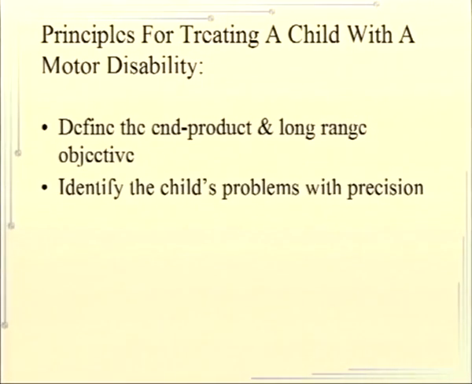Identify the patient's problems with precision, and we're going to talk about that in just a second. The eyes are pretty good at picking up abnormalities in gait and coordination, and you get better with practice. But there are some devices now that give us more quantitative measures and can look at things which the eyes can't pick up.